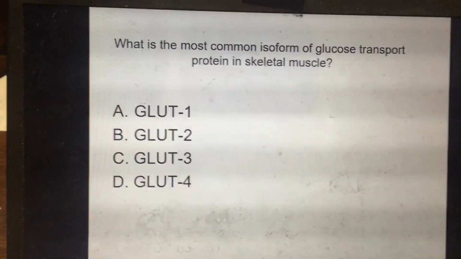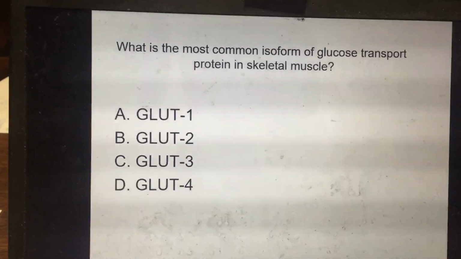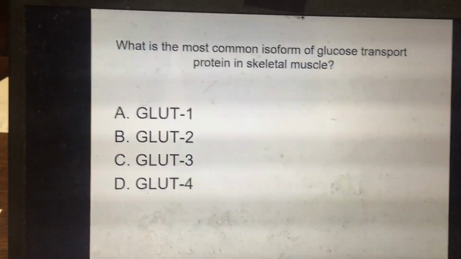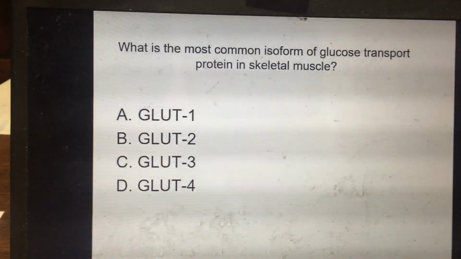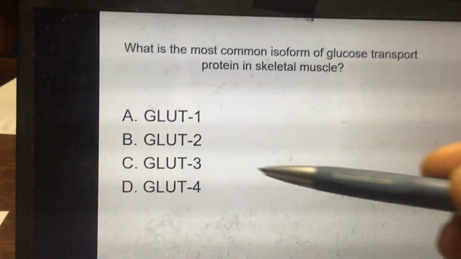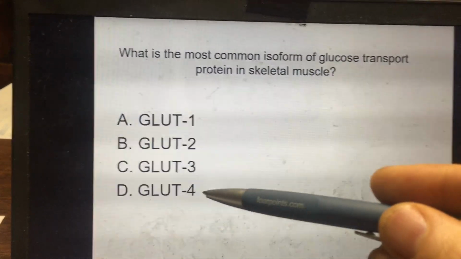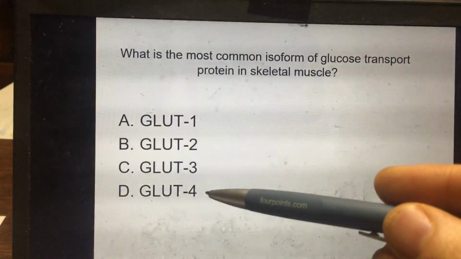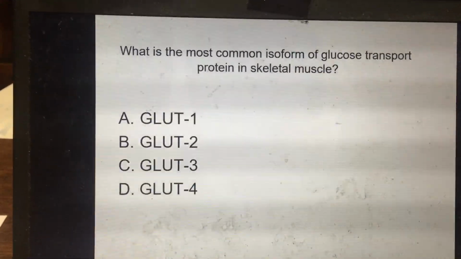When you exercise or when insulin binds to the muscle fiber membrane, those glucose transport proteins will go to the muscle fiber membrane and allow glucose to come into the muscle fiber. So they are important for getting glucose inside the muscle while you're exercising or after you've eaten a meal when your insulin levels are high.